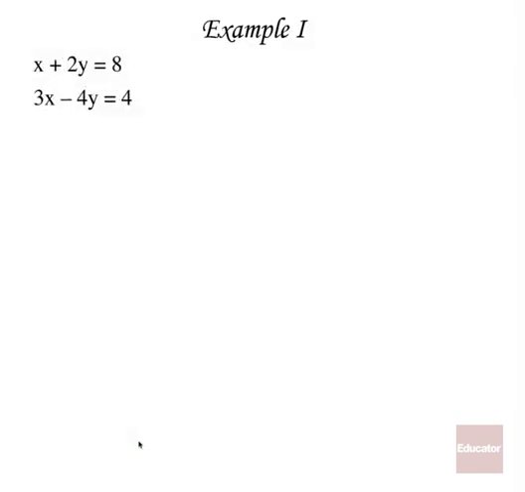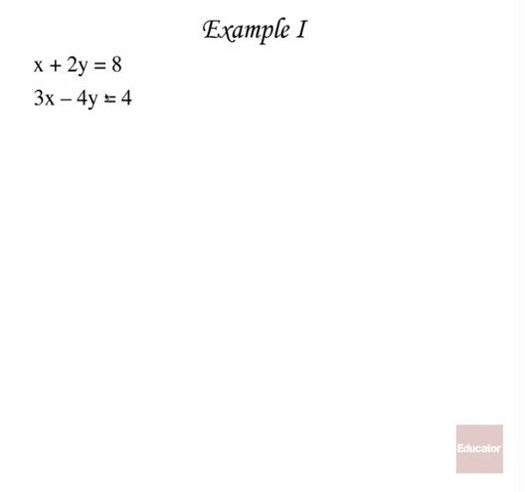Okay, so our first example is x plus 2y equals 8, 3x minus 4y equals 4. We want to find x and y such that both of these hold simultaneously. In this particular case, with elimination, it really doesn't matter which variable you eliminate. A lot of times it's a question of personal choice. Some people just like one particular variable. Oftentimes you'll look at what looks like it's easy to do, and that'll guide your choice.